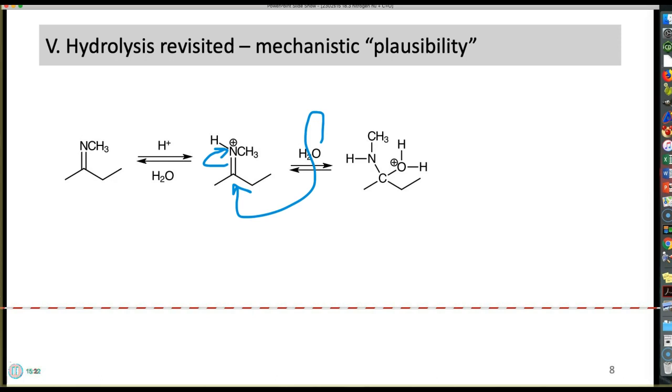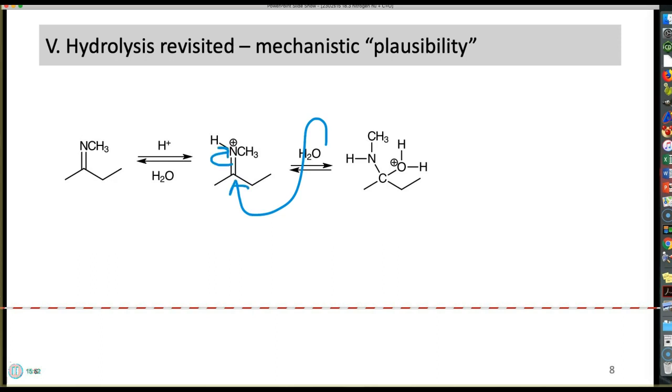Now, just to keep re-emphasizing the questions that you may have, why doesn't the water go here? Water absolutely does go there. That's the step. It's all equilibrium. It's all Le Chatelier. All right, so moving right along, we add our water to the iminium carbon.